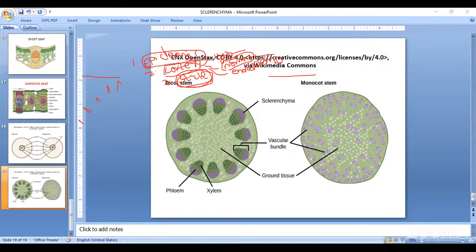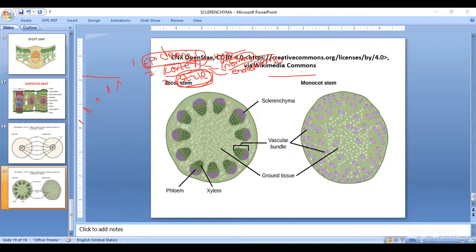This is the limiting layer between the starch layer and vascular bundle. It may be made up of sclerenchyma patches. It appears as sclerenchyma patches, but this pericycle is absent in monocot stem.